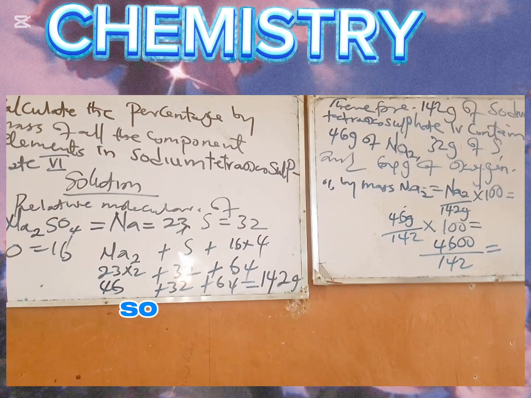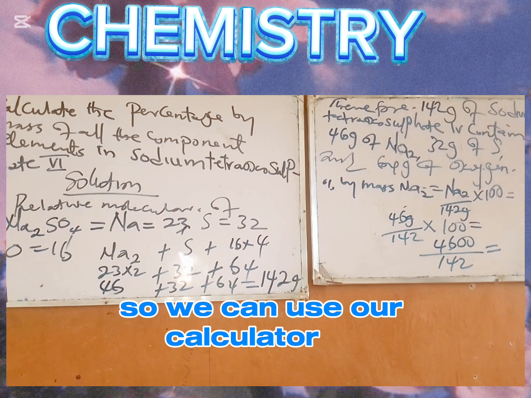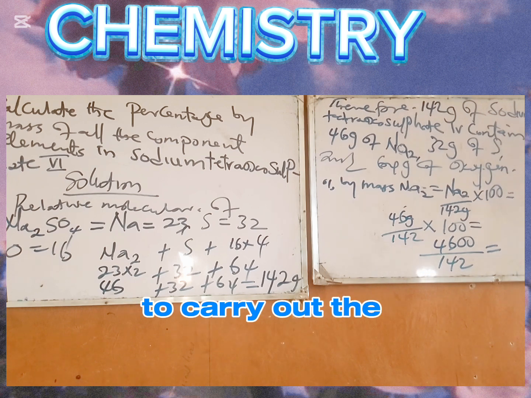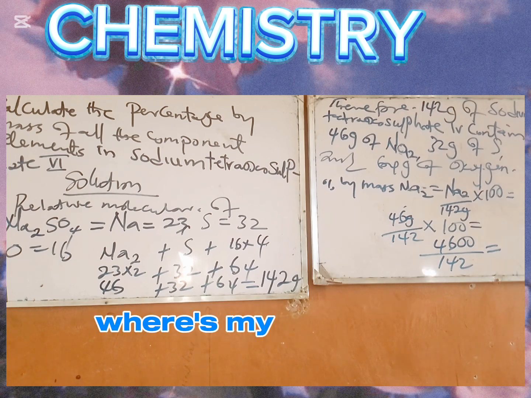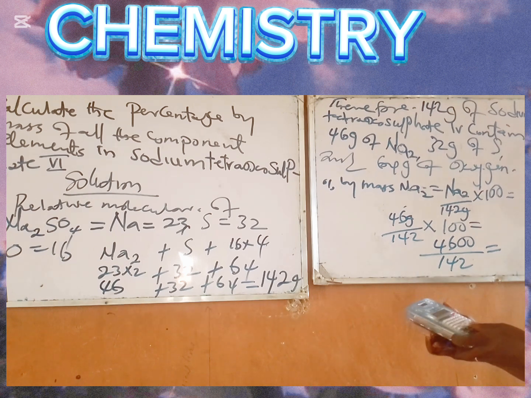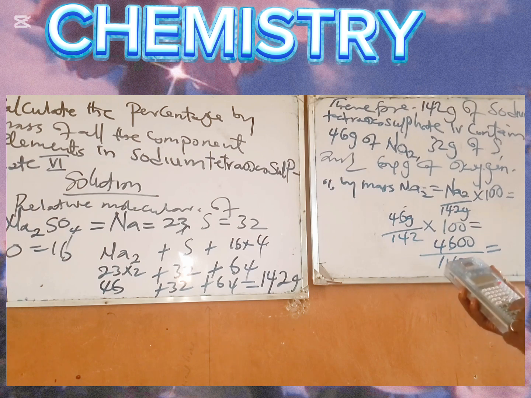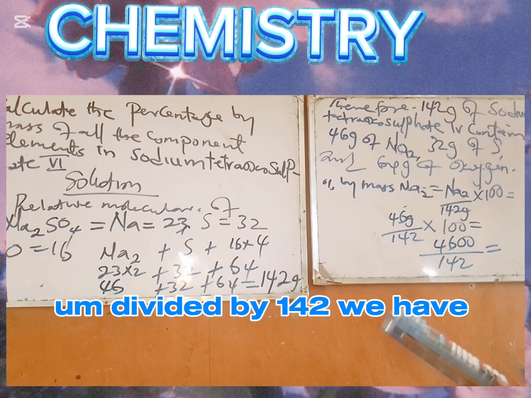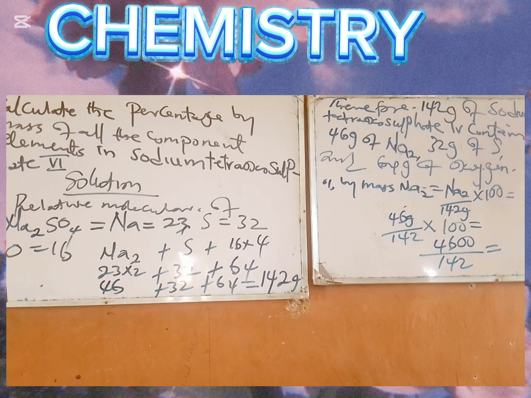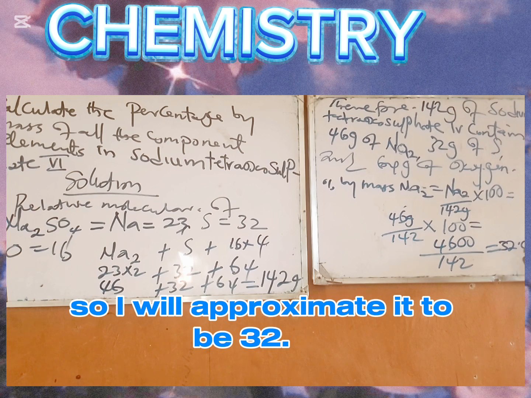So we can use our calculator to carry out the calculation. If we divide that, where's my calculator? 4600 divided by 142, we have 32.39. So we approximate it to be 32.4, 32.4%.